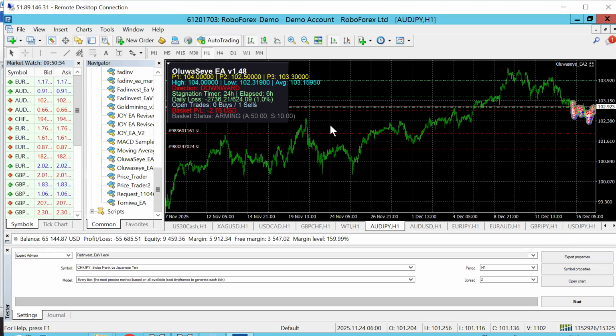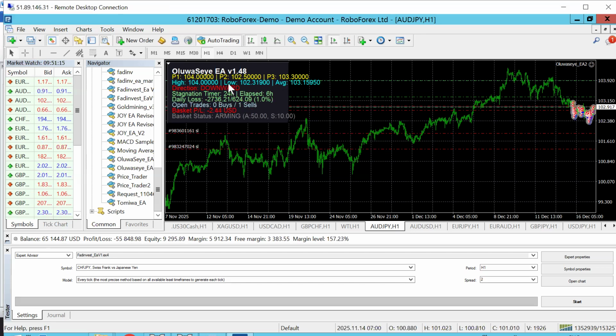So how this EA works is, as far as the market is still in the trend, that's when it takes the direction. Like this one here, you can see 104, 102.5, 103.3. The average is 103.1 and the low is 102.5. The current price is 102.9.